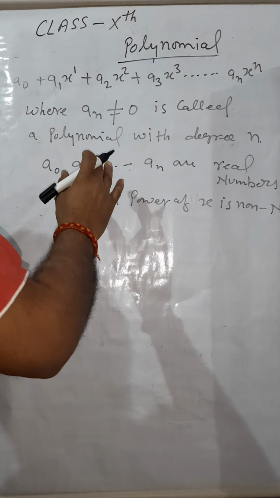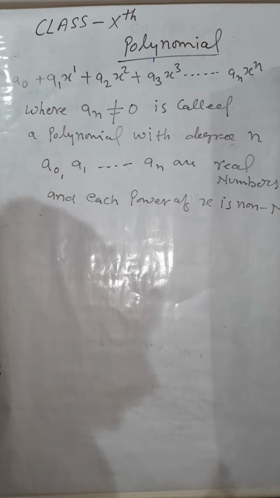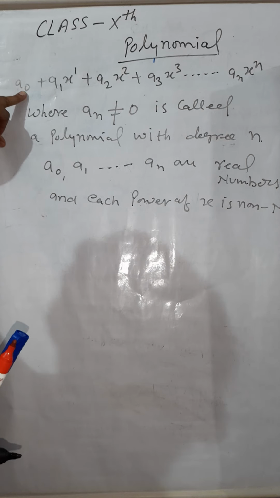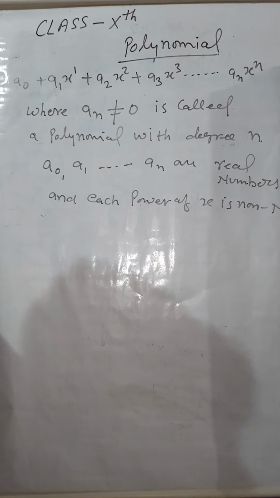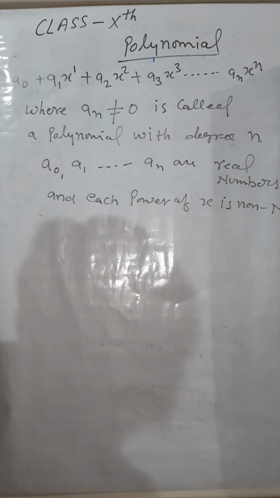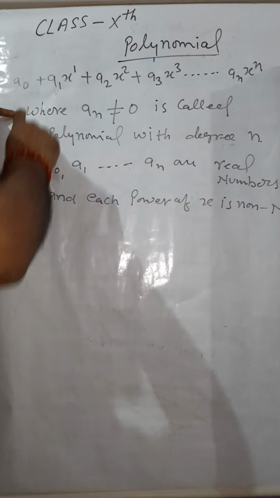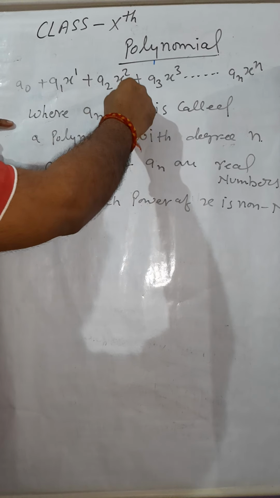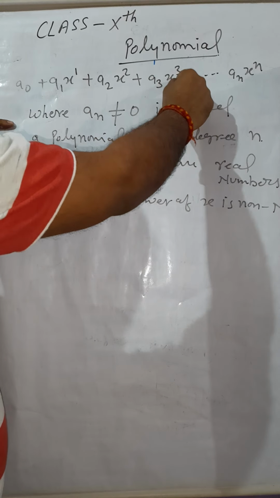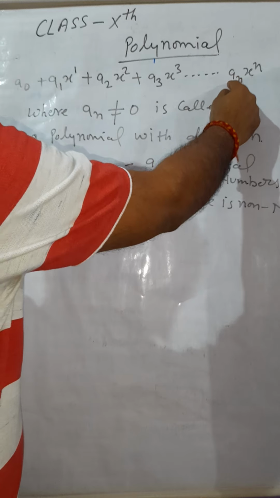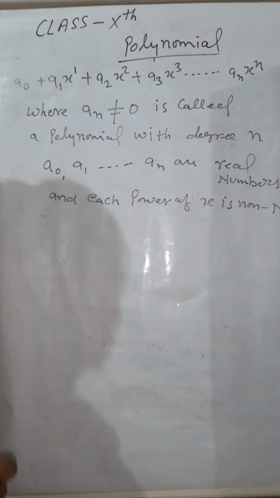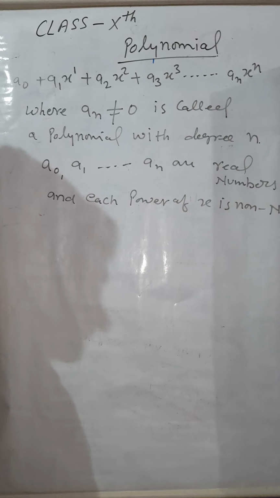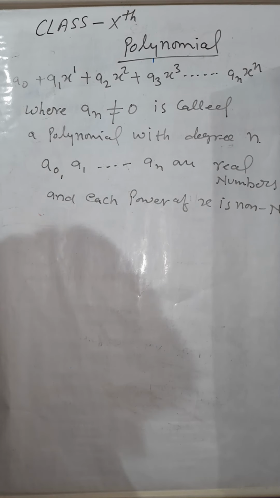So any polynomial of degree n, a0, a1 x power 1, a2 x power 2, a3 x power 3 and so on, an x power n, where an is not equal to 0, is called a polynomial.